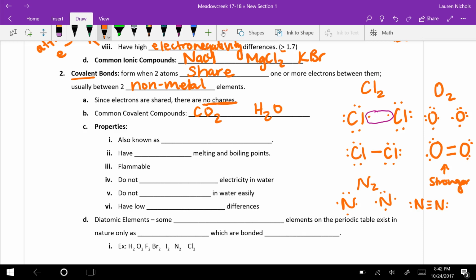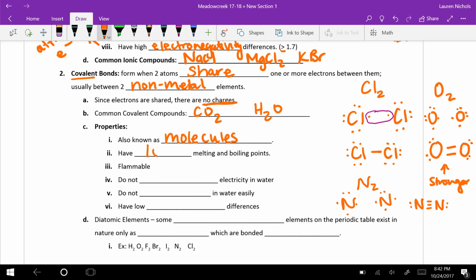Now, with covalent bonds, and they're sharing, they're not always shared equally, but before we get to that, let's talk about some properties. So they're also known as molecules. I know a lot of times we use molecules to describe anything that is not a singular element, but molecules actually refer to covalent compounds, whereas formula units refer to ionic compounds.